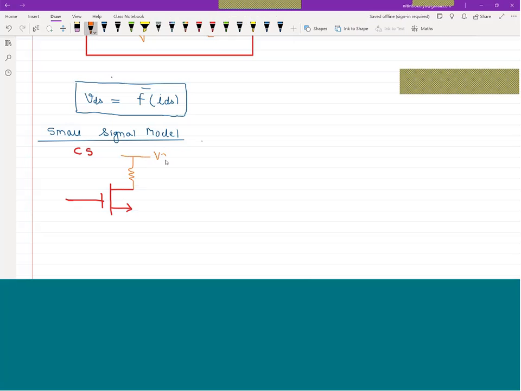This is VD, this is RD, and source is connected to ground, and for AC, let's say this is VS, and we are taking output from here.